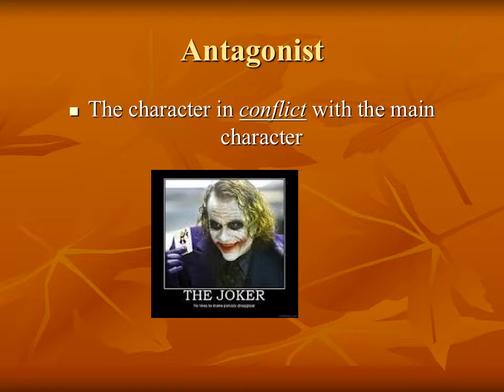The antagonist is the character who is in conflict with the main character. He is the character, or she is the character, who is pushing against the wills of the protagonist. He would be Joker to the Batman, Lex Luthor to Superman, or Voldemort to Harry Potter.